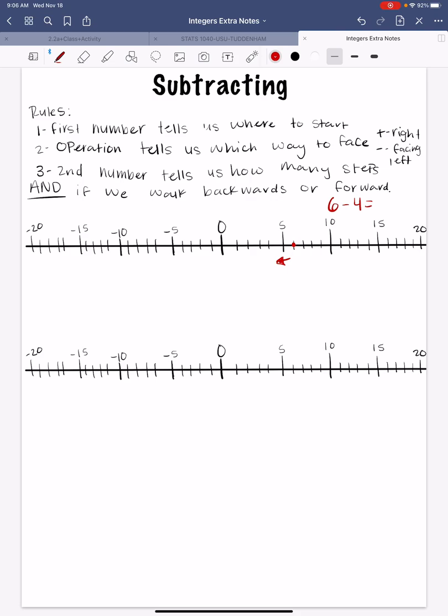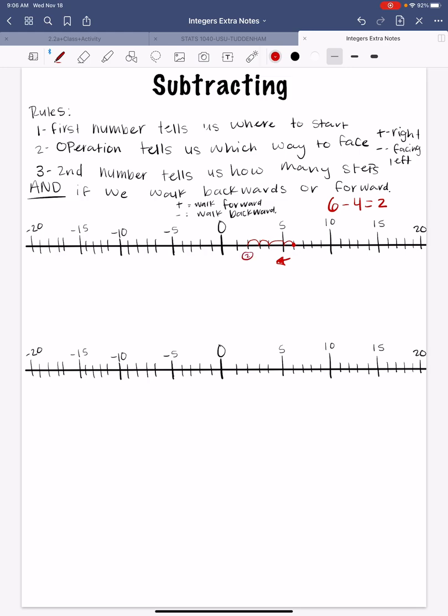And then we walk forward, because remember, if it's a positive, we walk forward, and if it's a negative, we walk backward. But this is subtracting positive 4, so we face to the left, and we're going to walk forward 4 steps. 1, 2, 3, 4. And that put us at positive 2.